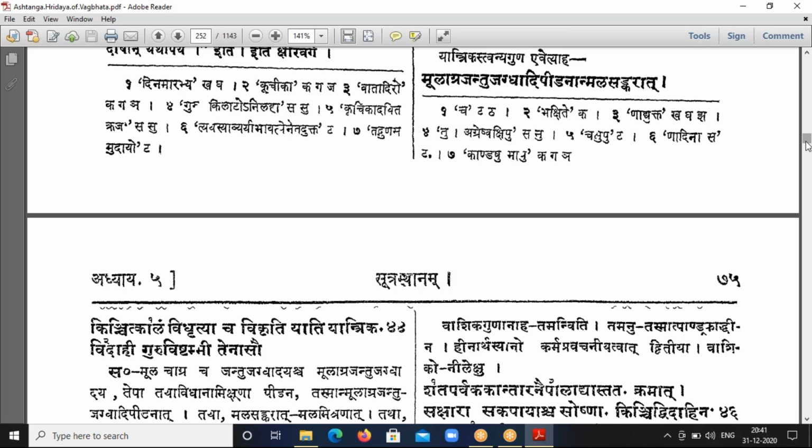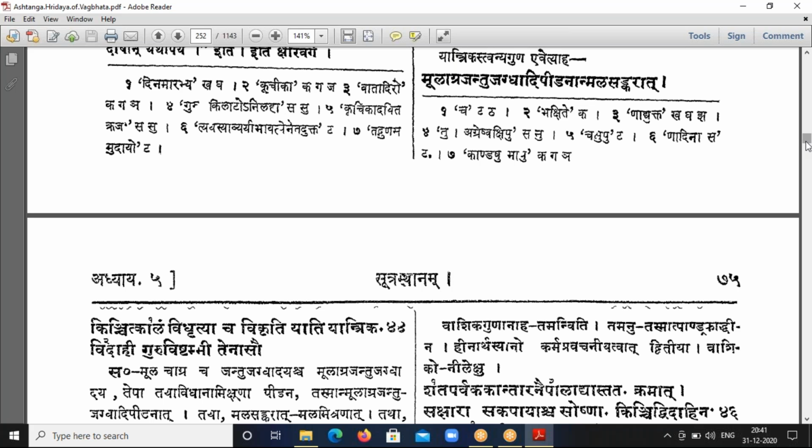Then after the expulsion procedure, the entire stuff will be standing for some time in the vessel. Kinjit kala vidhrutyacha.